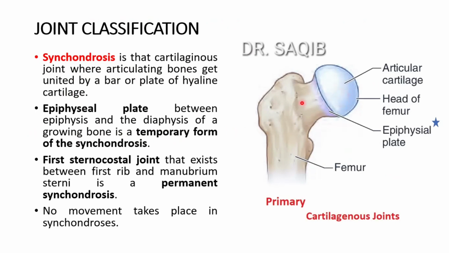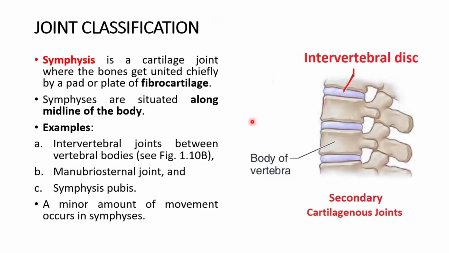This is the epiphysis, the upper portion, and this is the shaft, the diaphysis. Between them, this temporary joint is the epiphyseal plate. The first sternocostal joint between the first rib and the manubrium sterni is a permanent synchondrosis. No movement at all takes place in synchondrosis. There is absolutely no movement.